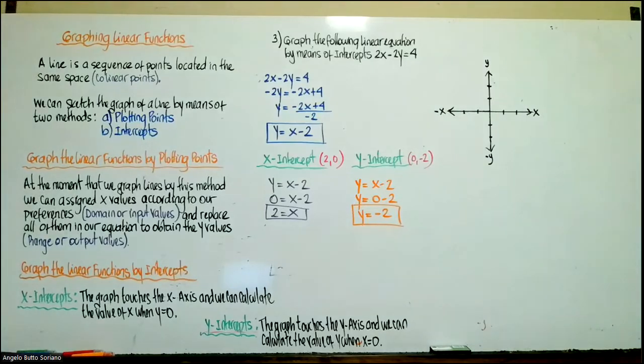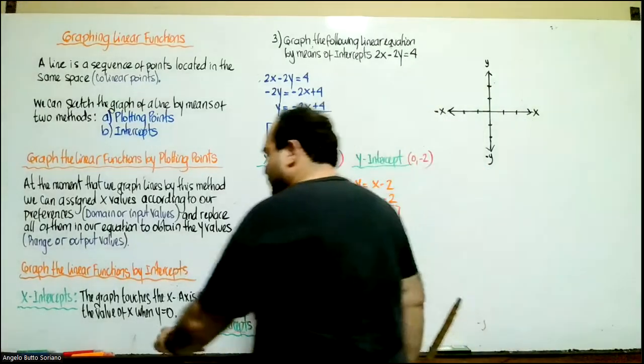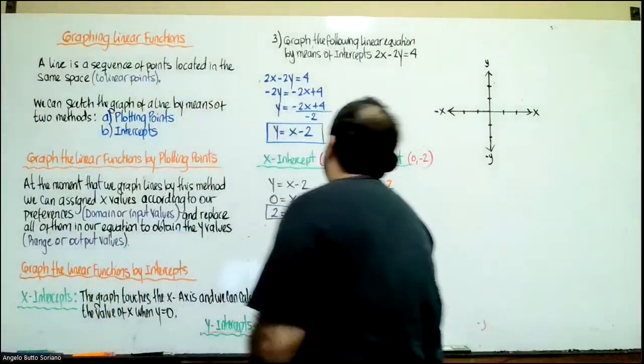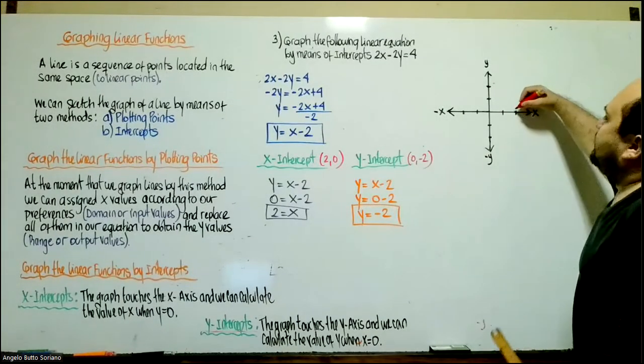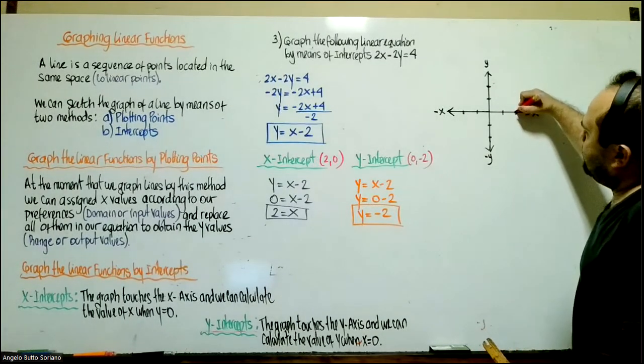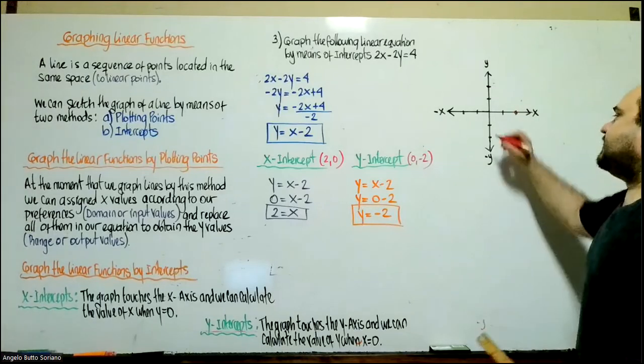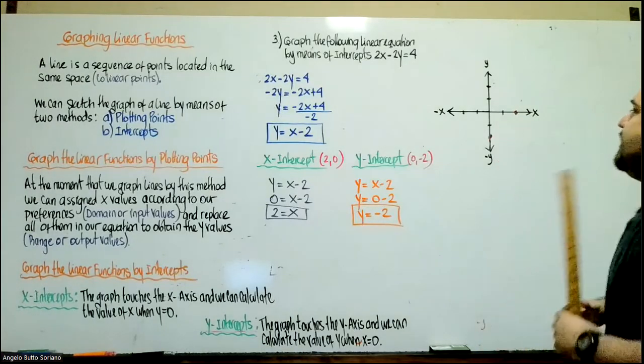Remember, this time every line has a value of 1 unit. Let's graph. The first intercept will be given by 2, 0, located over here. And another one, 0 with negative 2. And we got the 2 points.